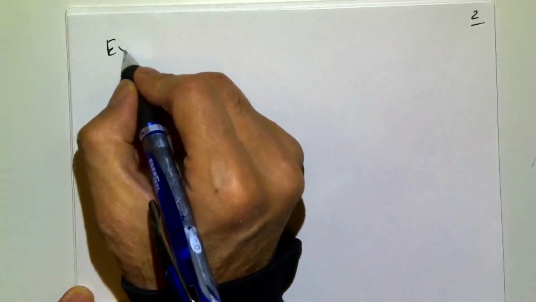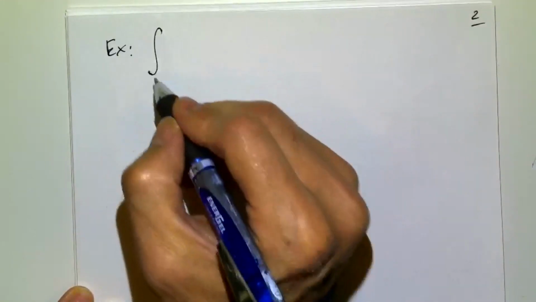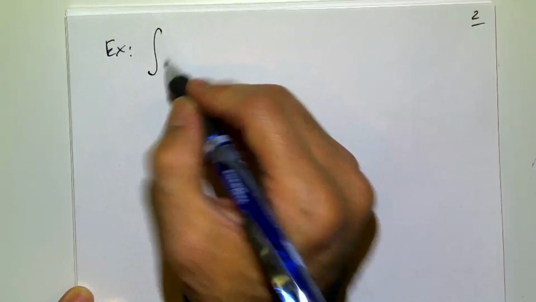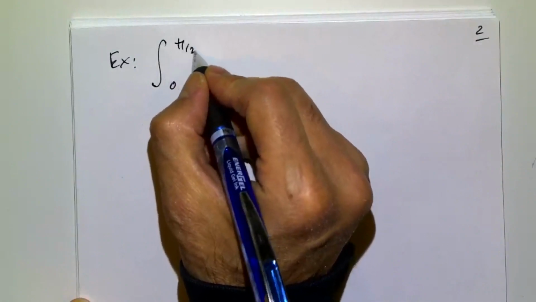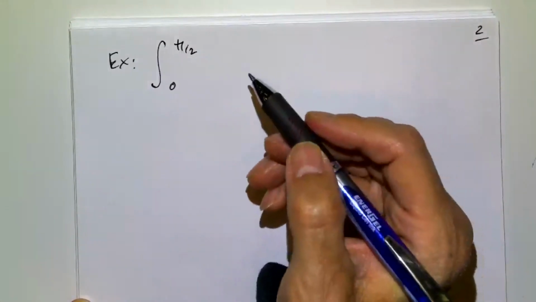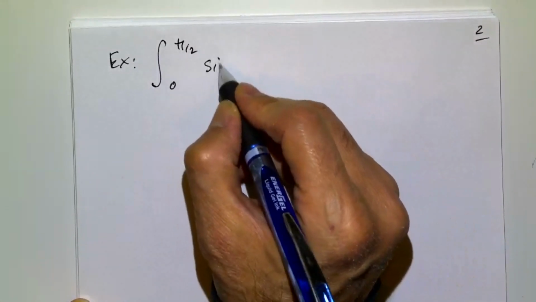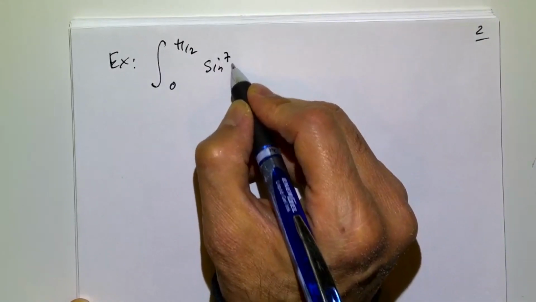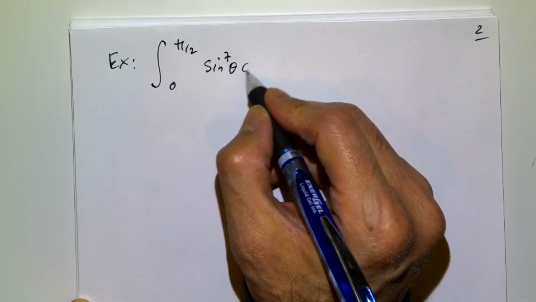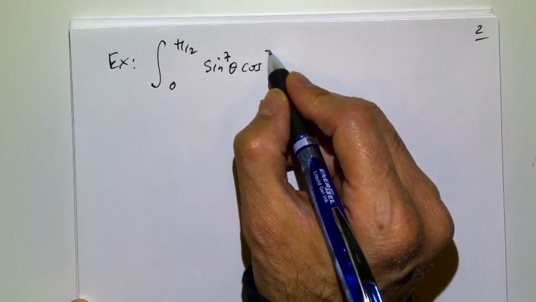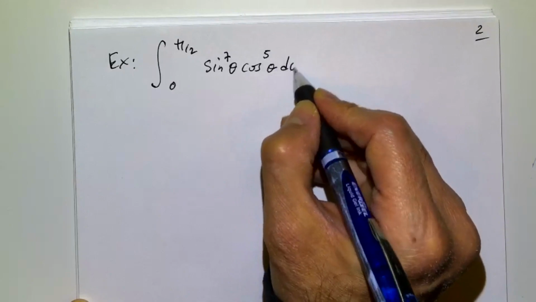So here's the example we have. We want to integrate an expression from 0 to pi over 2. This is a definite integral of sine to the 7th power theta times cosine to the 5th power theta d theta.